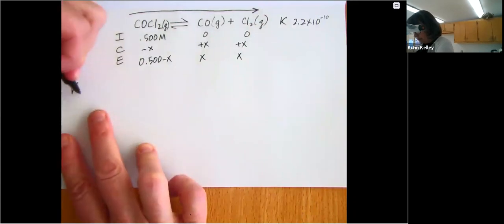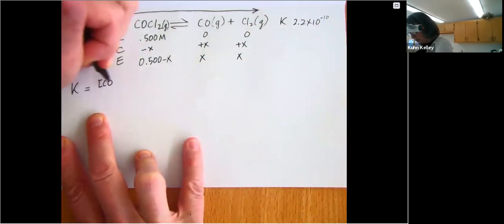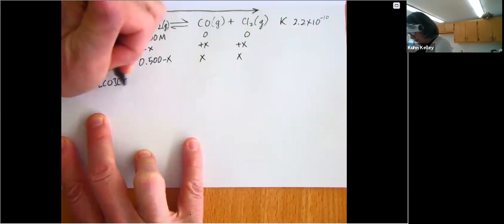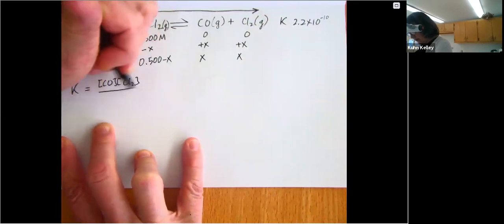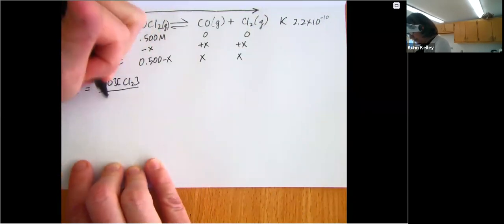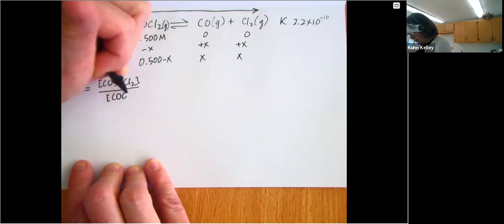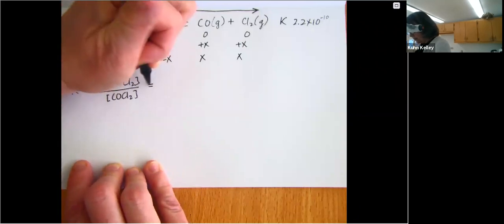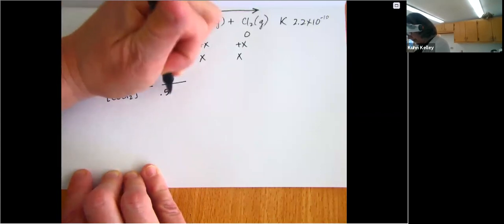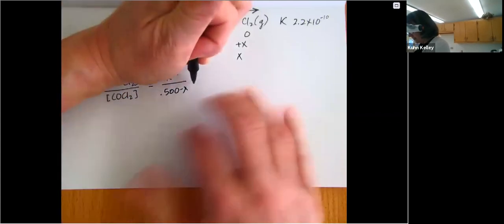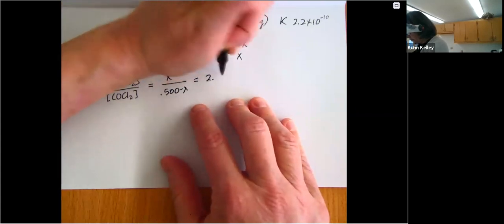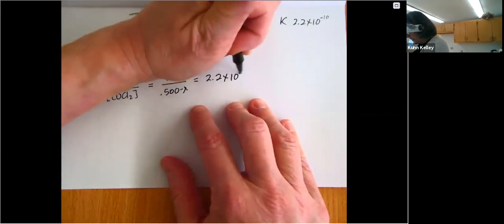Our equilibrium expression is going to be carbon monoxide times chlorine gas divided by the COCl2 gas. So that when we plug those in, we get X squared over 0.5 minus X, and that is set equal to 2.2 times 10 to the negative 10th.